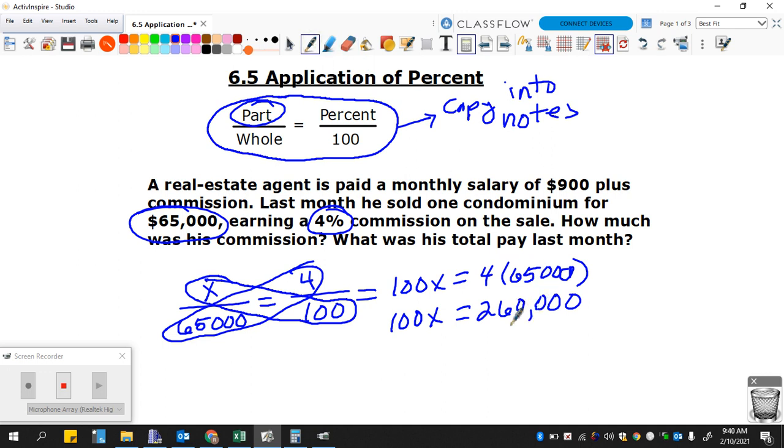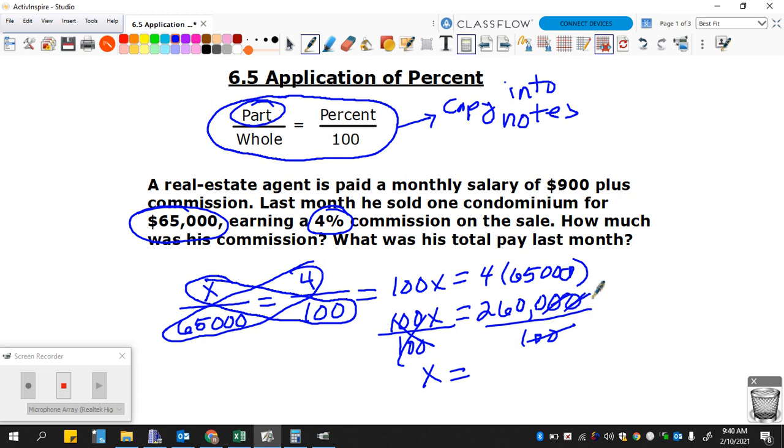And then we divide by 100. Remember, if we divide by 100, all we have to do is move our decimal point 2 times, or you can use a calculator. This takes away the last 2 zeros.